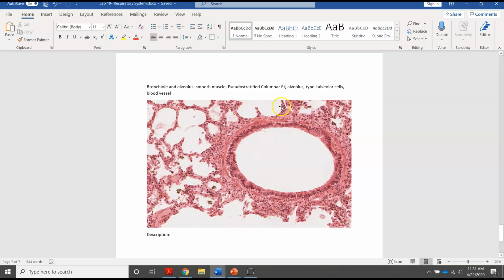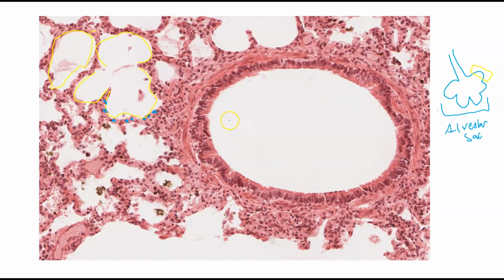The last thing that we have to find is a blood vessel. A blood vessel is also going to be surrounded by simple squamous cells. Here's a simple squamous cell. Here's a simple squamous cell. The only difference between an alveolus surrounded by simple squamous cells and a blood vessel surrounded by simple squamous cells is that the alveolus is going to be open because that's where air is, and the blood vessel is going to be containing blood.